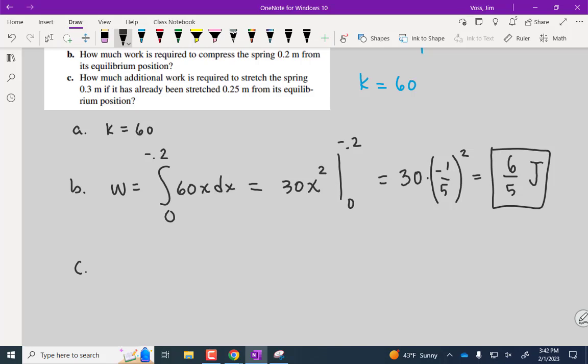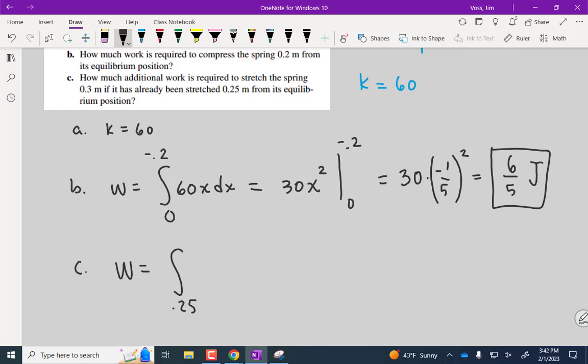Okay, so now the third part. How much additional work is required to stretch the spring 0.3 meters if it's already been stretched 0.25? Okay, so the spring is already stretched 0.25, so that's where it's starting.